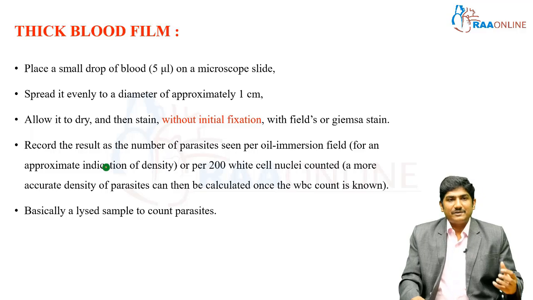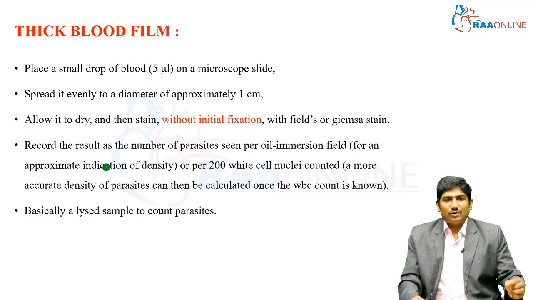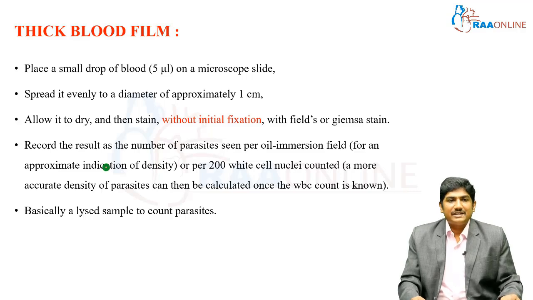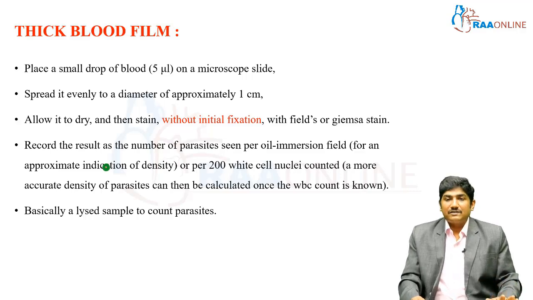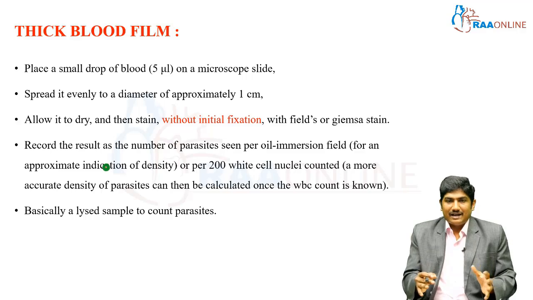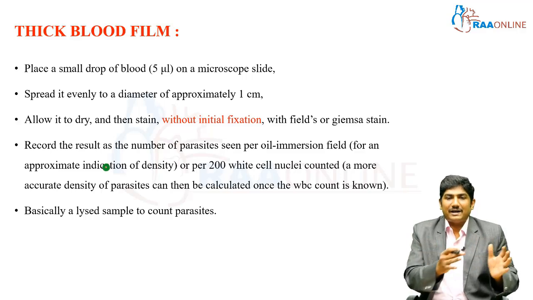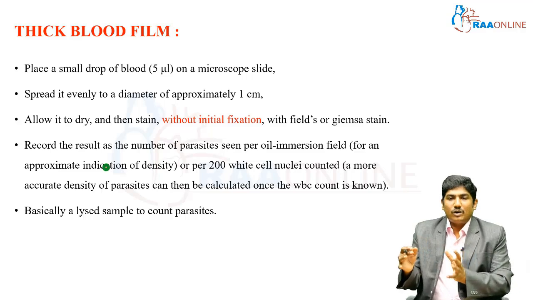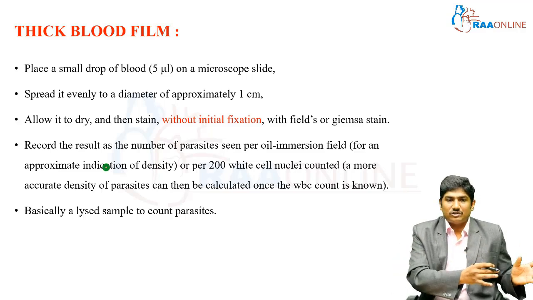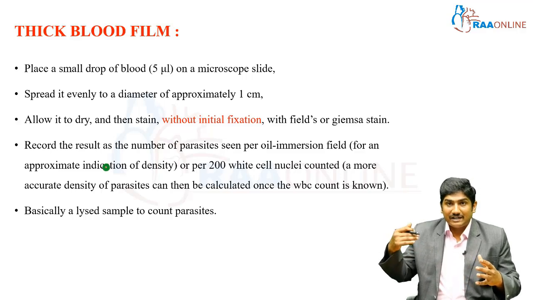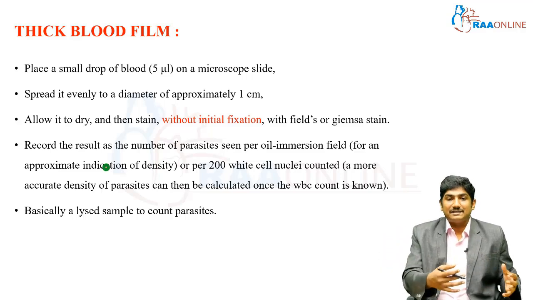Now coming to the thick blood film. Place a small drop of blood on a microscope slide, spread it evenly to a diameter of approximately 1 centimeter, allow it to dry, then stain without initial fixation with Giemsa or Field's stain. Then record the number of parasites seen per oil immersion field. Or the other way is to count a total of 200 white cells and see how many parasites are found in that field. If there are X parasites for every 200 white cells, and you know the WBC count of that individual, you can easily calculate how many parasites the patient might have.